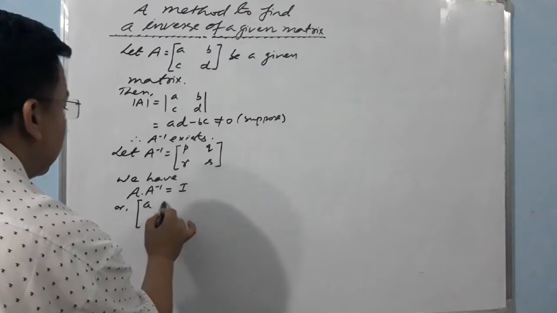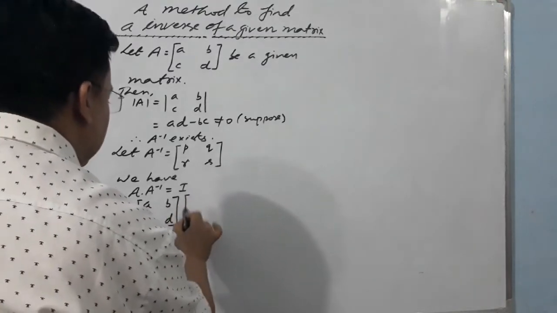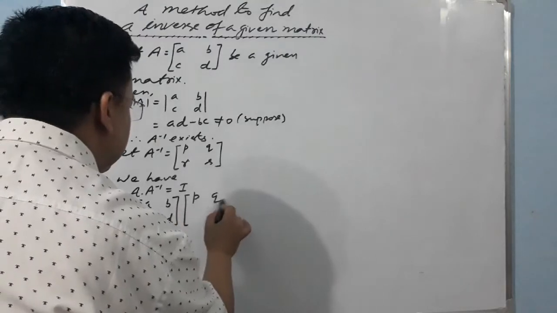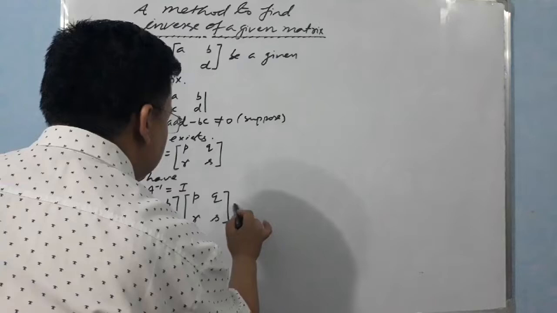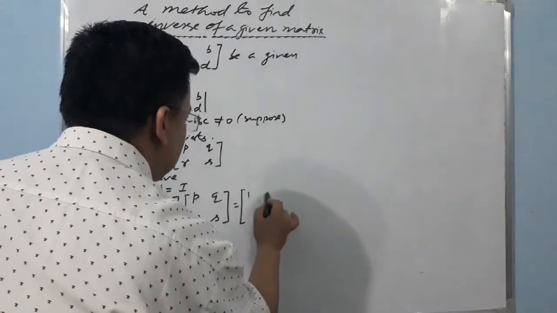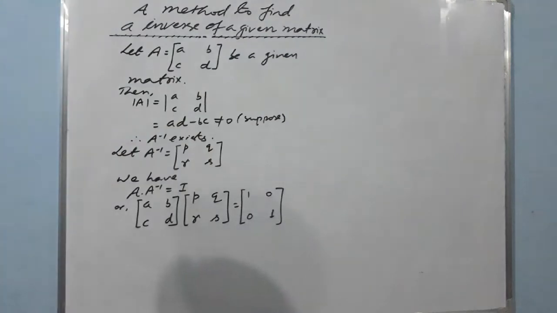A is equal to [A, B; C, D], and A inverse we have supposed as [P, Q; R, S], is equal to I, which means [1, 0; 0, 1], the identity matrix of order 2.